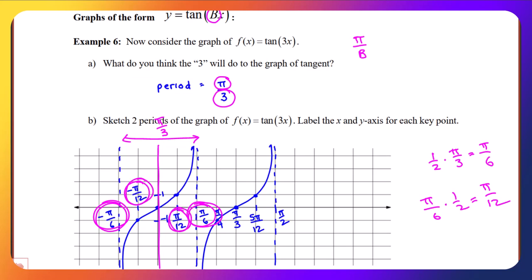So 1 pi/12, 2 pi/12, 3 pi/12, 4 pi/12, 5 pi/12, 6 pi/12. And 6/12 is pi/2. Again, just a little bit of fractions, but they're easy fractions. You need to identify the 1 and -1 points, the in-between points, as well as those x values counting out pi/12s.